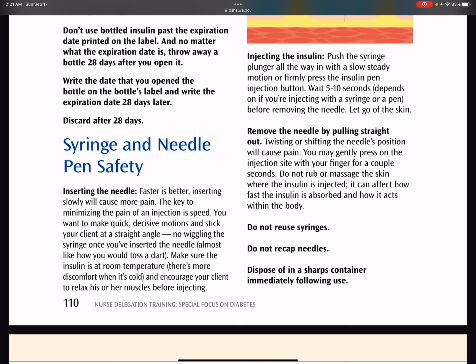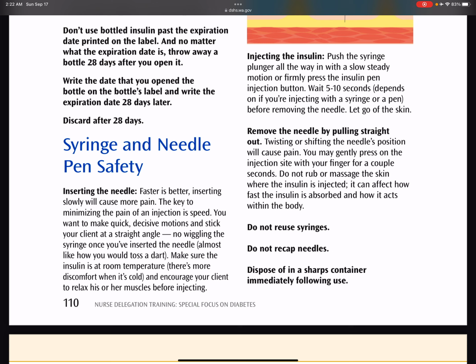Injecting insulin. When we inject insulin, we need to push the syringe plunger all the way in with a slow, steady motion, or firmly press the insulin pen injection button. You need to wait 5 to 10 seconds before removing the needle and letting go of the skin.